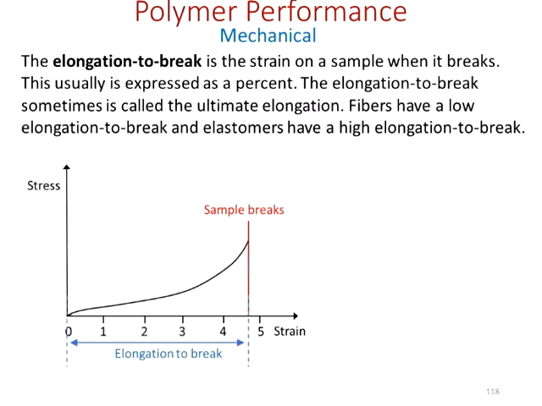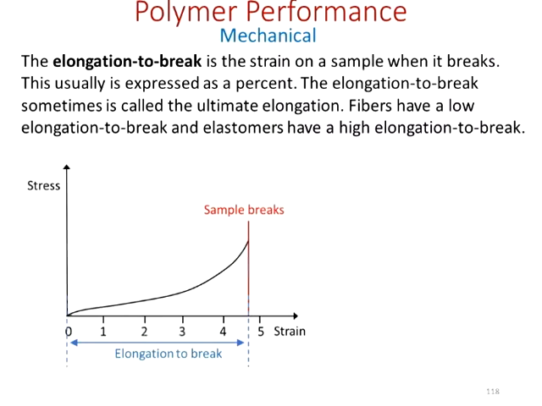So the percent of elongation is what you're really interested in. Rubber bands and things like that will go up to 1,000%, for example. The elongation to break sometimes is called the ultimate elongation. It just kind of makes sense, so you'll hear those terms used.